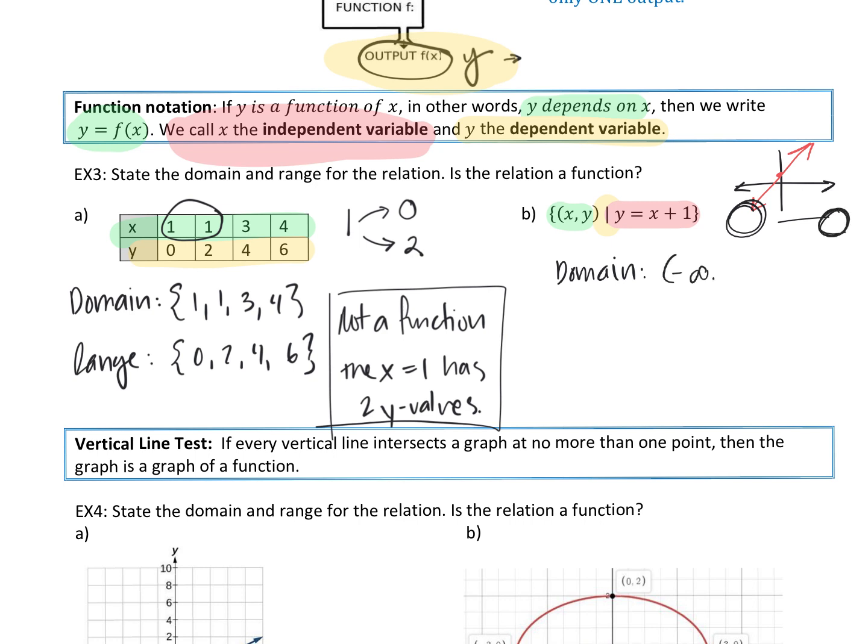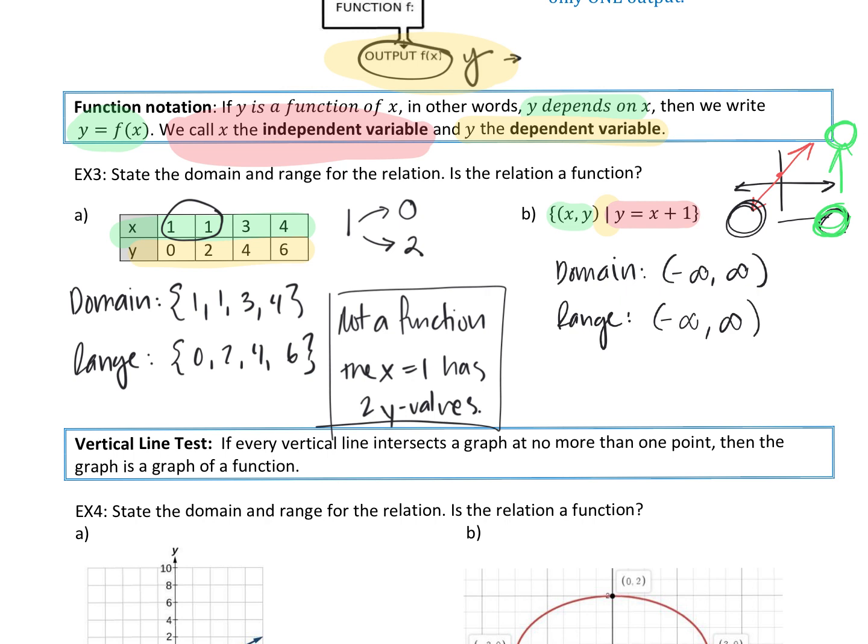So I'll write out my domain as negative infinity to positive infinity. And then the range is very similar. My lowest value is negative infinity, and then it goes all the way up to positive infinity. So the domain and range for most lines is pretty much negative infinity to positive infinity. Not all lines, bear in mind.